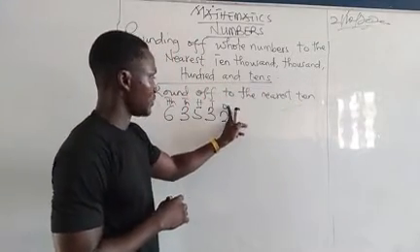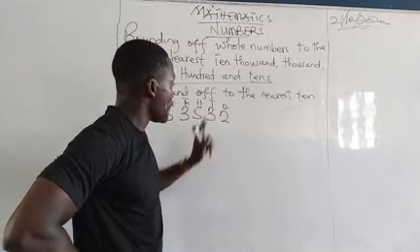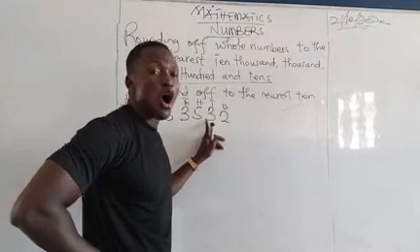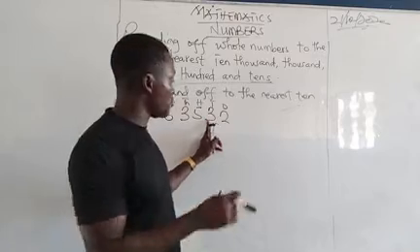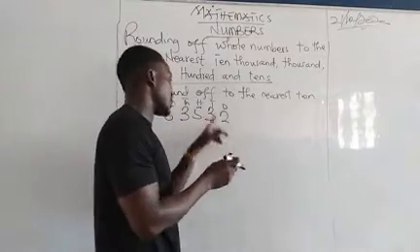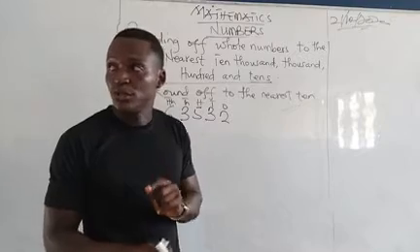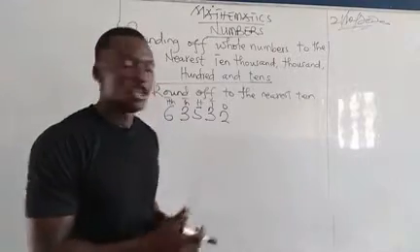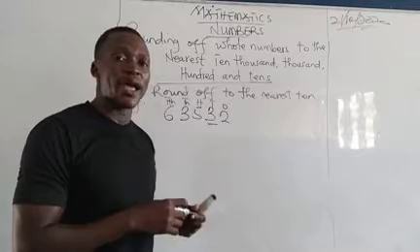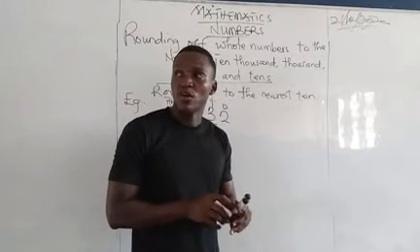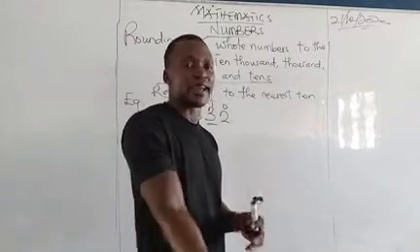Now the question is asking us to round off to the nearest 10. Here we have ones and we have tens. So to the nearest 10 means our focus is going to be on this 3, because the 3 is occupying our tens position. You be on where the 3 is, and you check the number in front of your 3.